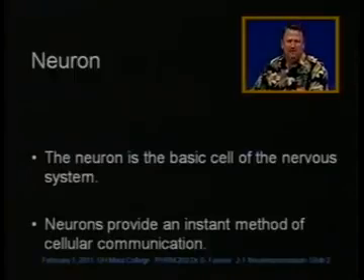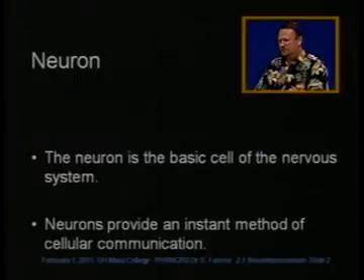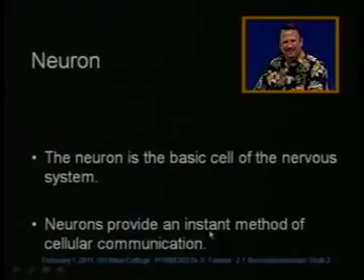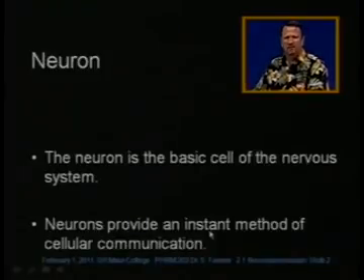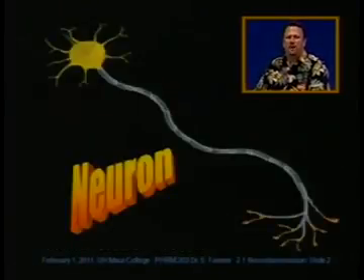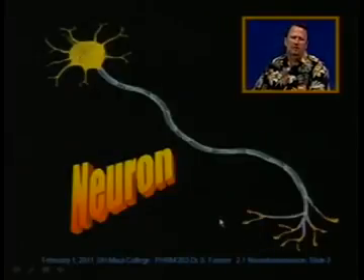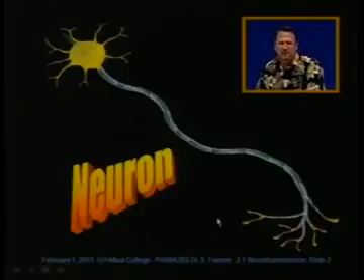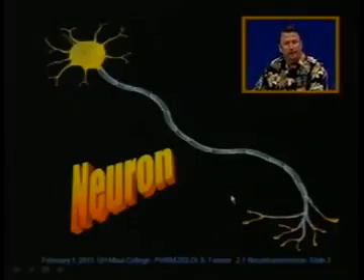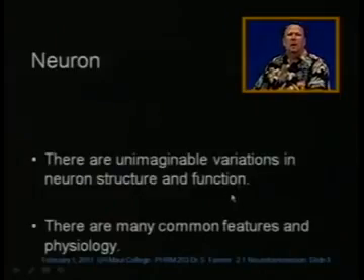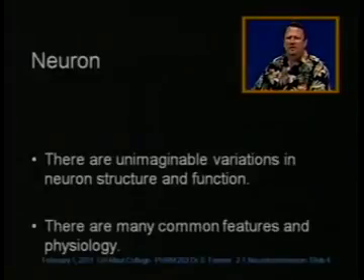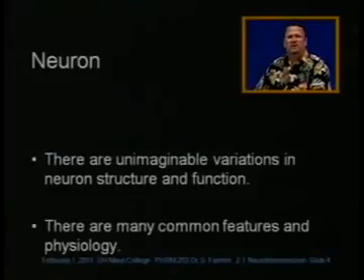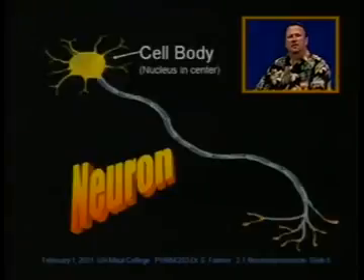And the neuron is the basic cell of the nervous system. Neurons provide an instant method of cellular communication. And so here is my cartoon of a neuron. Sure, neurons come in all sorts of shapes and sizes, but this will be the neuron we use today. There are unimaginable variations in neuron structure and function, but there are many common features that neurons share.